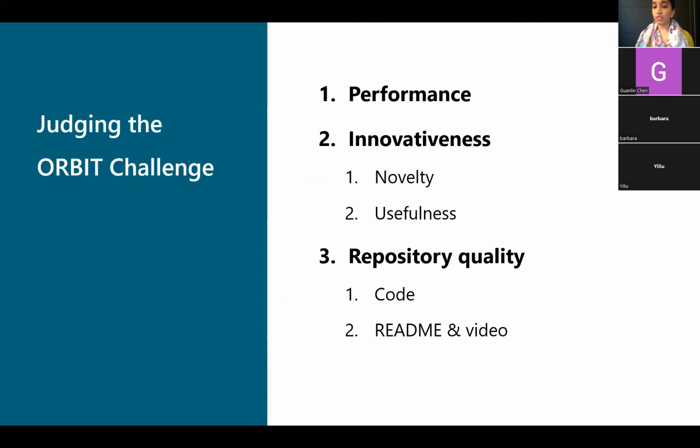The criteria was interpreted broadly, ranging from how robust the model was to Orbit's noisy real-world data to how consistent the recognizers adapted to different test users. A final criteria was the quality of the team's repository, which included both their code as well as the README and then the video that they shared for this workshop today.